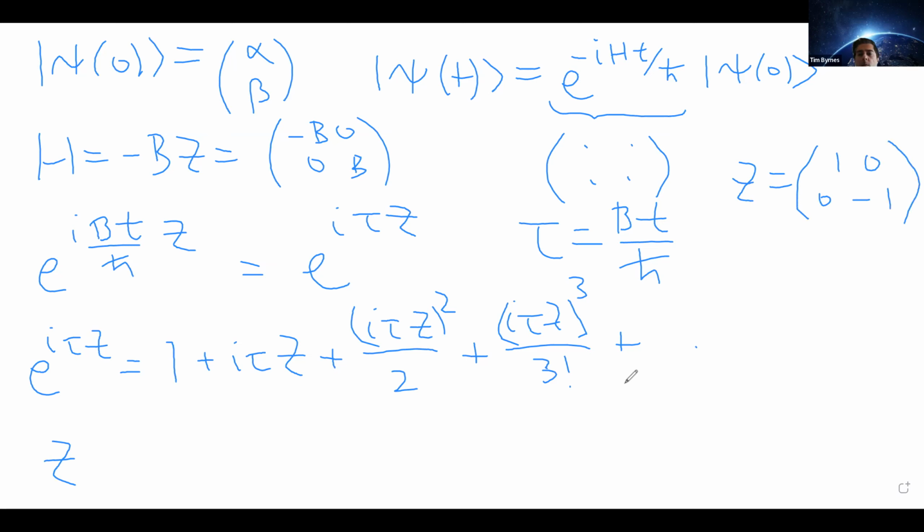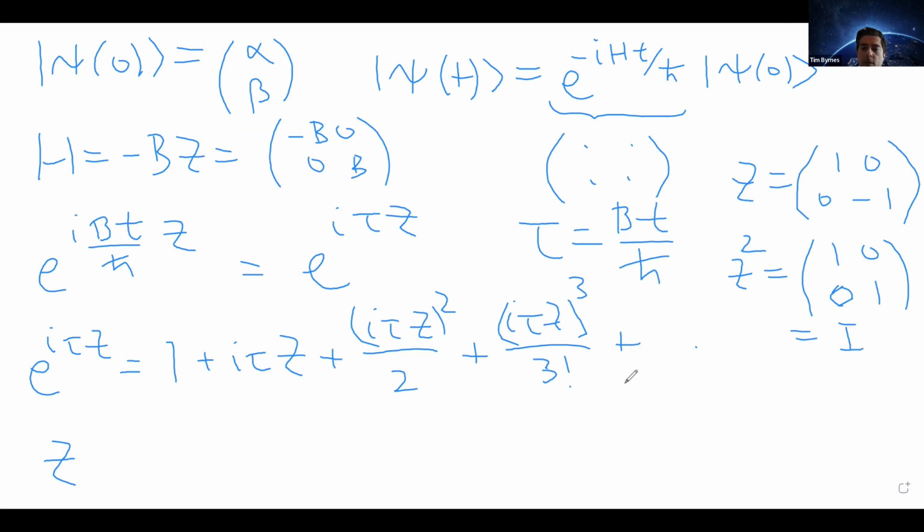Maybe somebody can tell me what is Z squared? Identity. Right, very good. Z squared is identity, because when you have a diagonal matrix, doing the powers is easy. You just square the diagonal elements, and because minus 1 squared is 1, this is just identity.